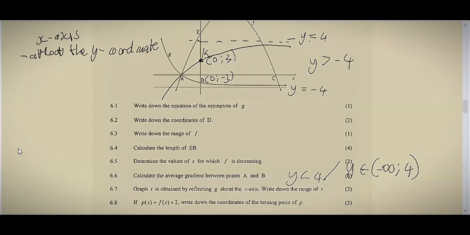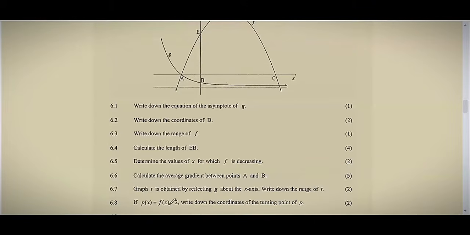Then done with that. Now let's look at 6.8. It says if p of x is equal to f of x plus 2, so this plus 2 here, what does it represent? This is a translation, guys. So if we are given p of x is equal to f of x plus 2, that's saying the graph of p is a translation of the graph of f 2 units upward, right?